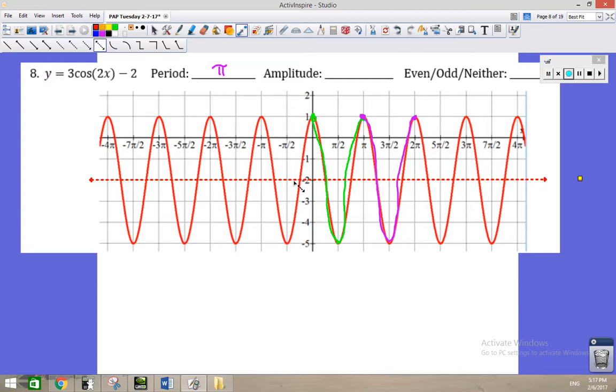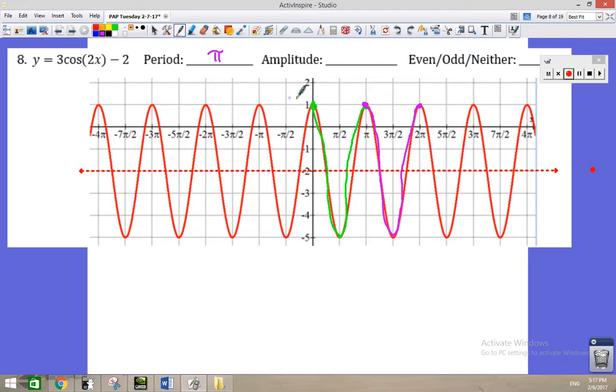Or if you're at negative 2 and you subtract 3, you'll be down here at negative 5. Now, I don't want to represent a distance as a negative 3, so I take an absolute value of that. Or if I just go up 3 units, I recognize the amplitude is 3. This graph is symmetric with respect to the y-axis, so it's an even function.